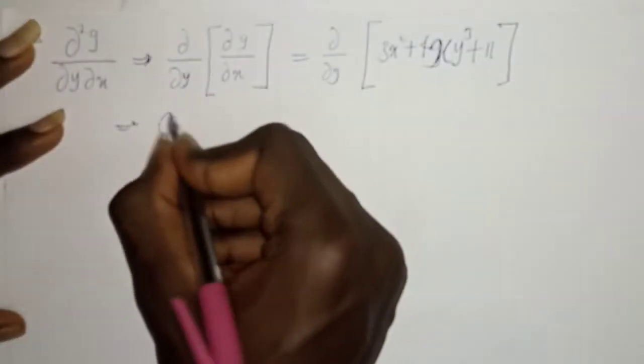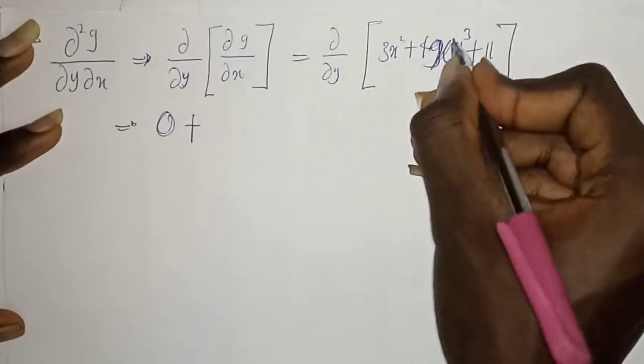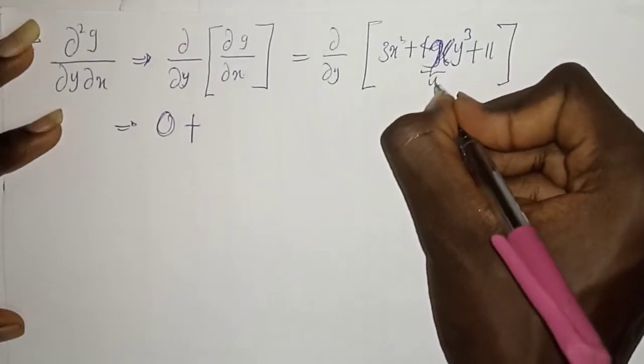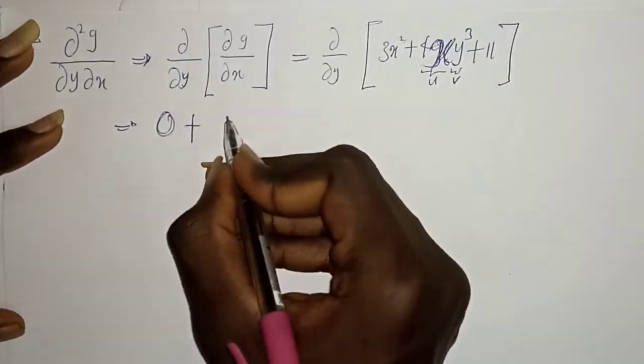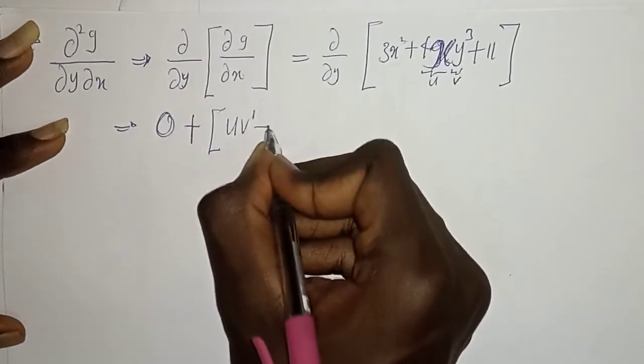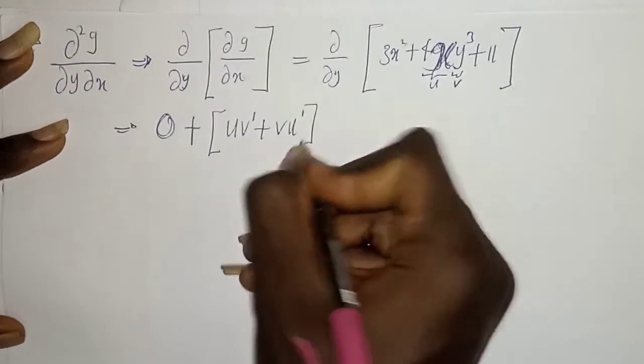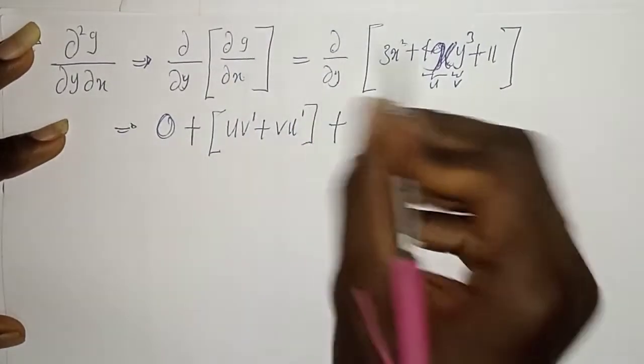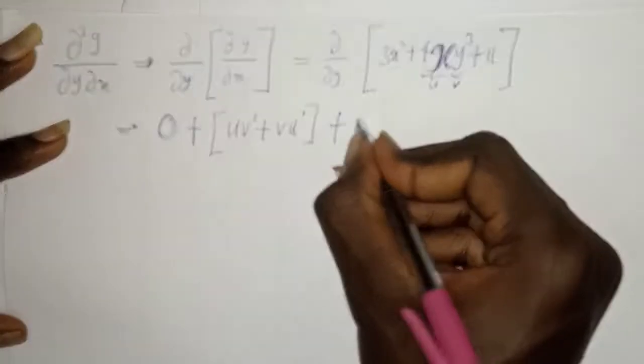No y to differentiate, that's 0. Now here in this case, I have product rule. This would be my u, and this would be my v. I used to tell you to use uv prime, write it out, plus vu prime to avoid mistakes. Then plus differentiate 11, a constant, with respect to y, that's 0.